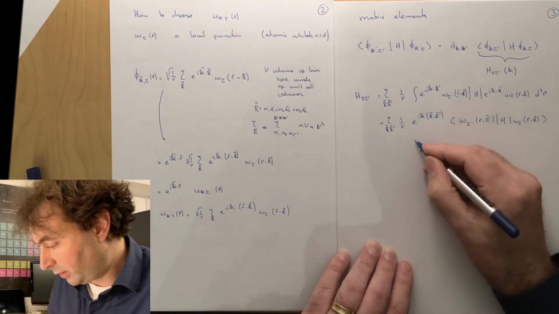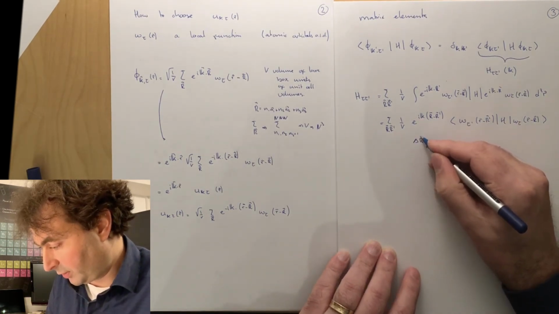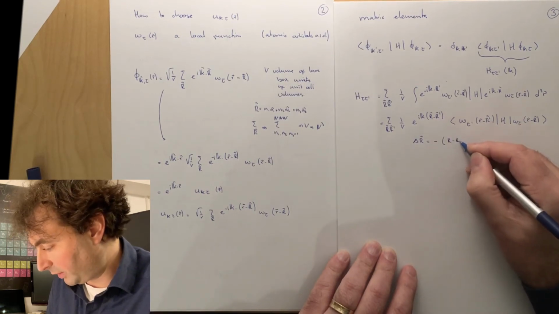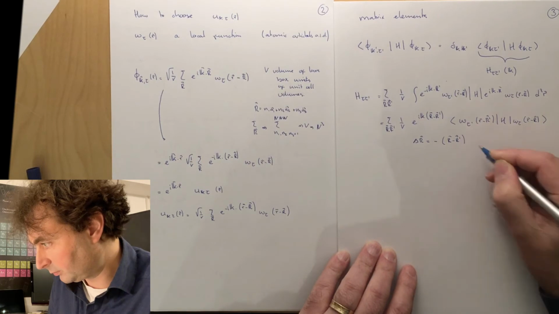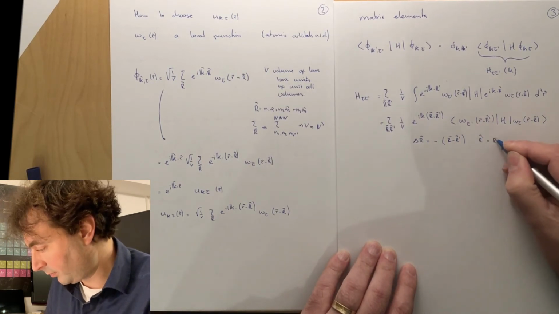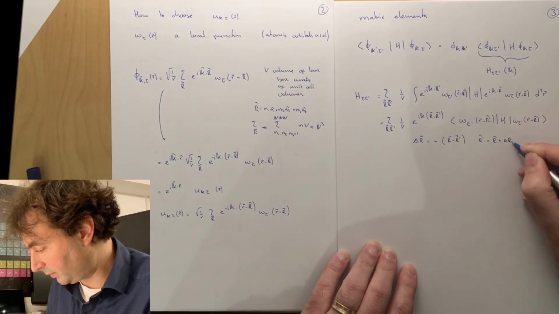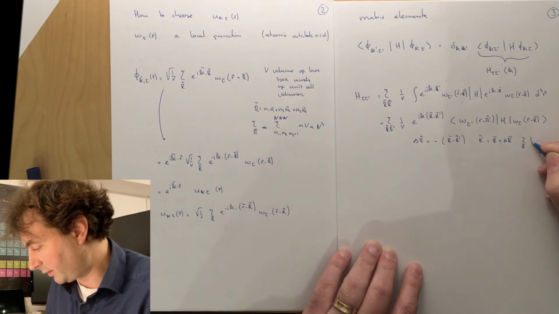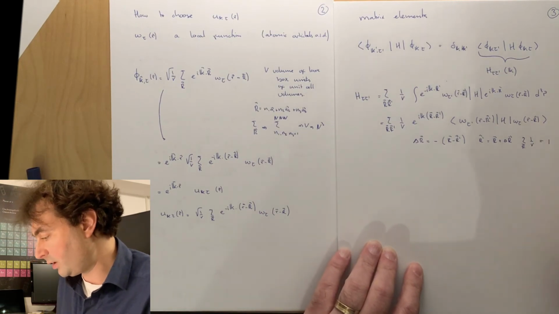Now let's make a coordinate change. I'm going to say delta r is r minus r prime, such that r prime is r plus delta r. And I also know that the sum over all lattice vectors, 1 over the volume, is equal to 1.